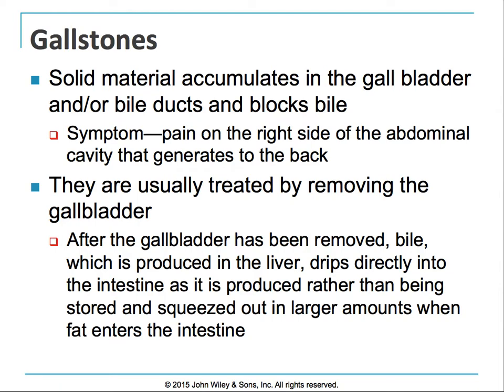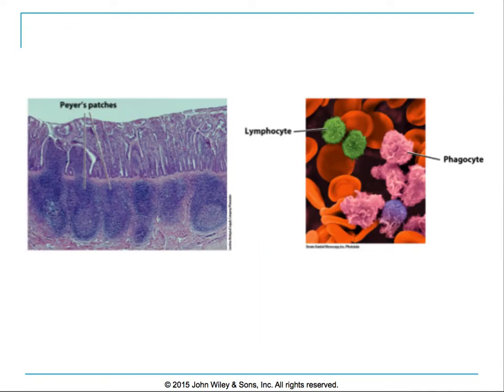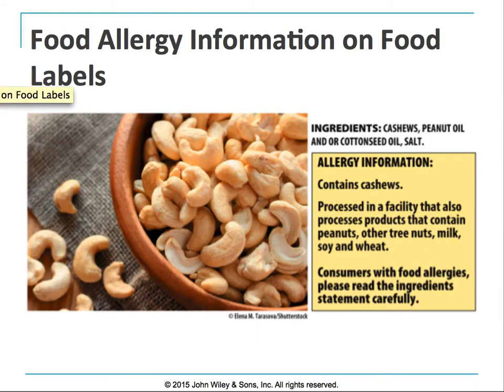Gallstones, we talked about your, whoops, I think we just jumped right ahead. Yep, we did. Okay. Food allergy information on food labels. We talked about food labels in chapter 2 and how we have the nutrition facts, and below the nutrition facts are the ingredients labels, and how these are really important, especially for folks that are looking to avoid certain substances or have food allergies.